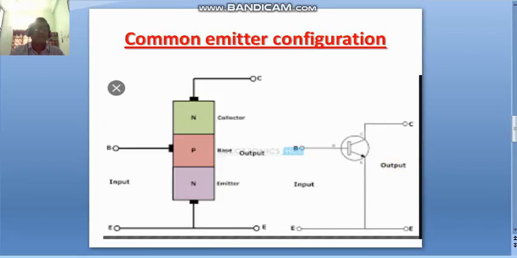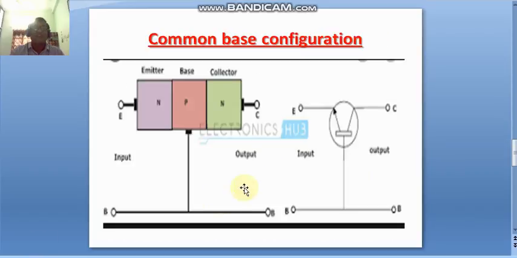Similarly, if you take common base configuration, if the base terminal of any transistor is connected in the input circuit as well as the output circuit, then the base is common to input as well as output, and that configuration is known as common base configuration.